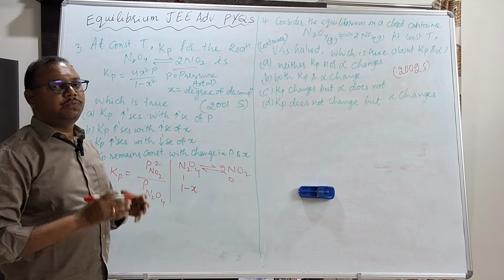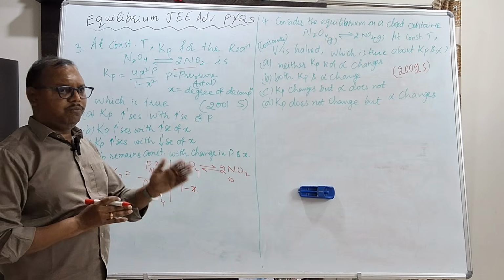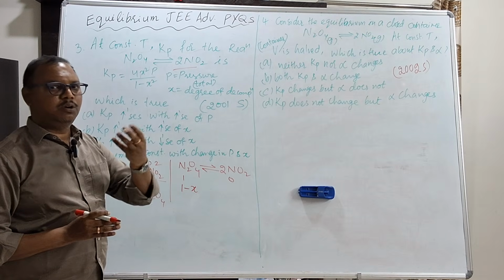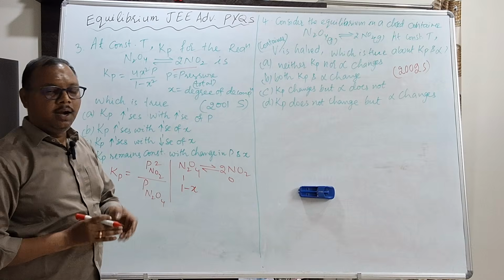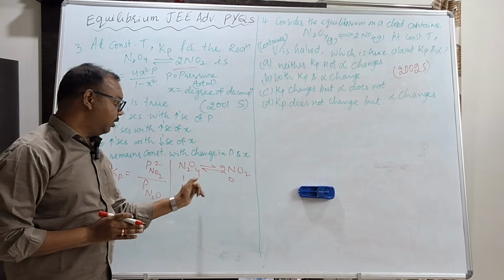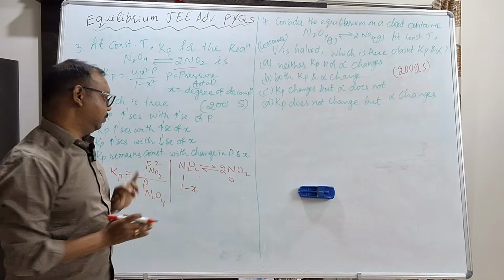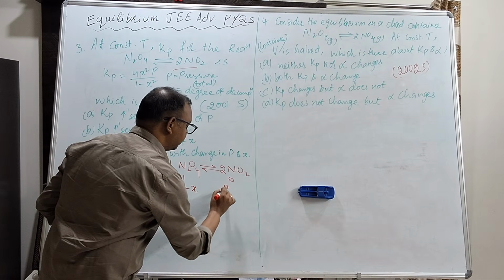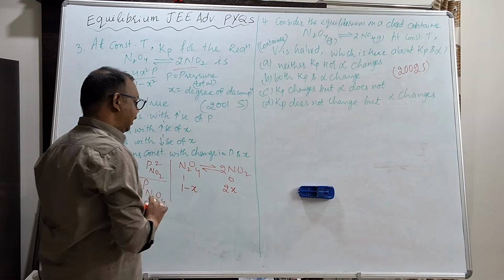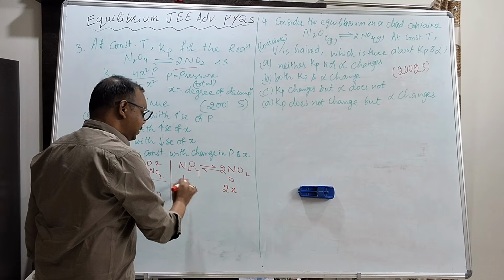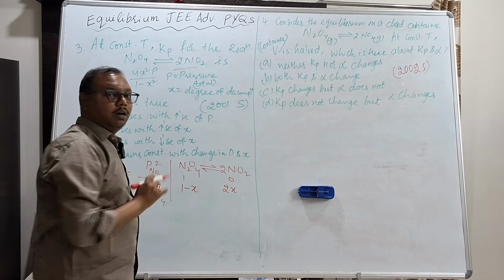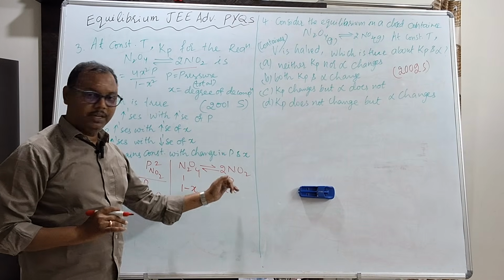For example, from 1 mole, 0.1 mole or 0.2 mole or 0.3 mole, some x amount is decomposed, that is called the degree of decomposition. And 2x appears. These are the number of moles decomposed and the number of moles formed.